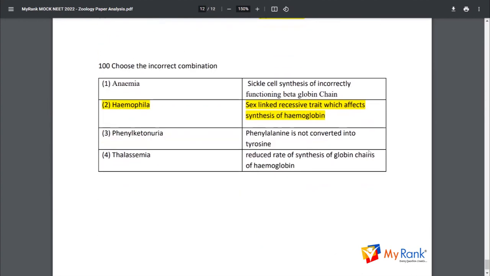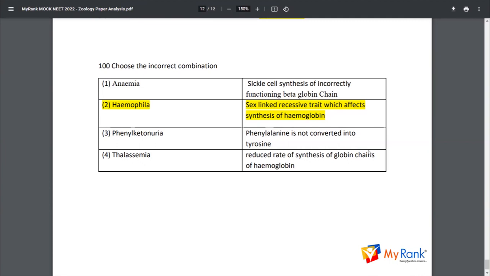Question number 100. Choose the incorrect combination. 1, sickle cell anemia, synthesis of incorrectly functioning beta globin chain. True. In sickle cell anemia, we have a problem with the functioning of beta globin. Now, 2, hemophilia, a sex-linked recessive trait which affects the synthesis of hemoglobin. This is a wrong statement. Yes, it is a sex-linked recessive trait, but the problem is with the clotting factors, not with hemoglobin.